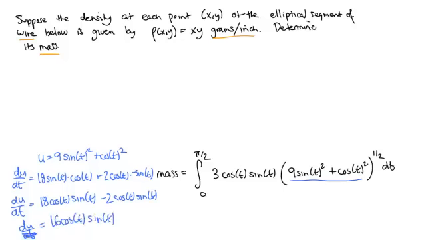If we multiply both sides by dt and divide both sides by 16, then we're going to get 1/16 du is equal to cosine t sine t dt. And this particular integral has exactly that, a cosine t sine t dt portion. So that means we can make the substitution.